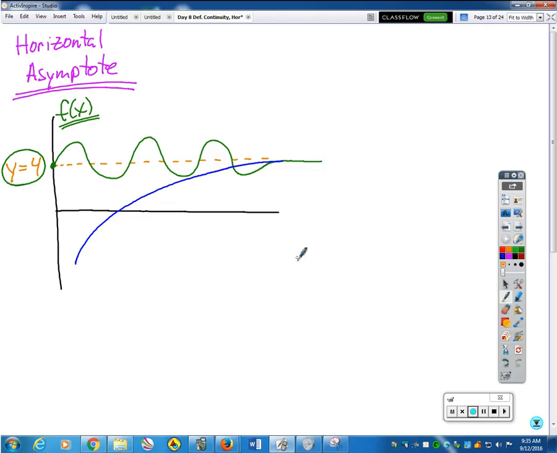Listen, when they say the word horizontal asymptote, you should immediately think to yourself, that is exactly the same thing as finding the limit of the function as x approaches infinity. You need to have that memorized.